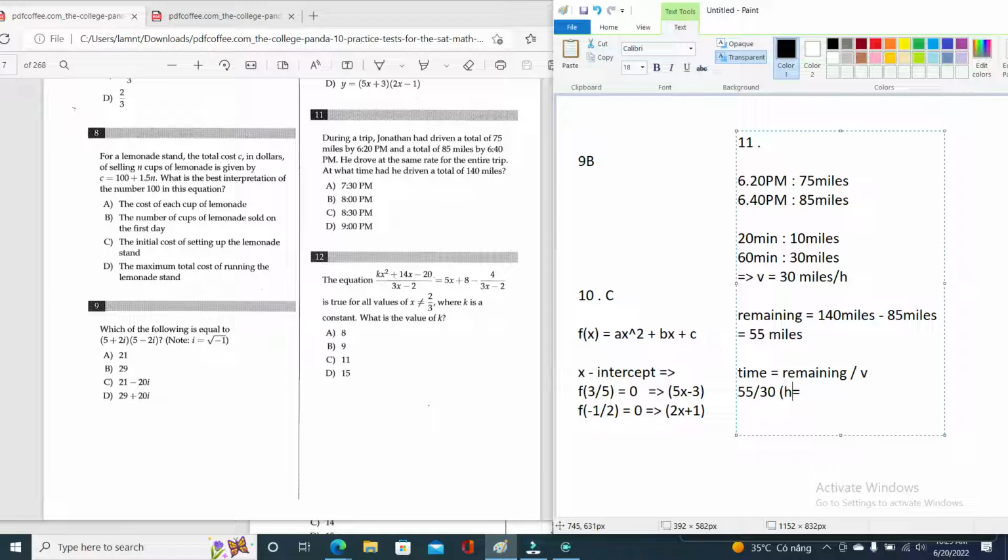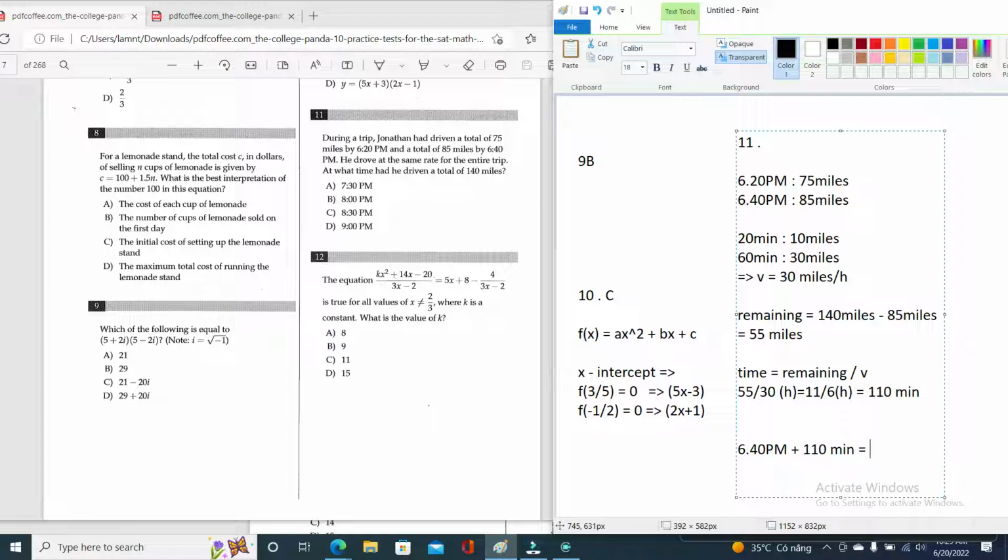So that's 11 over 6 hours. So we multiply by 60, so that's 110 minutes. Okay, so we have to add that to 6:40, and we have to add 110 minutes.